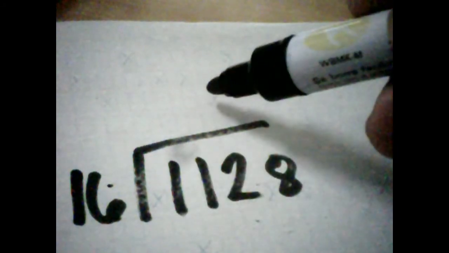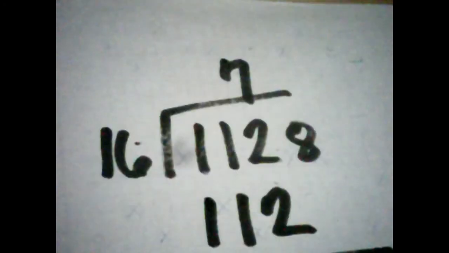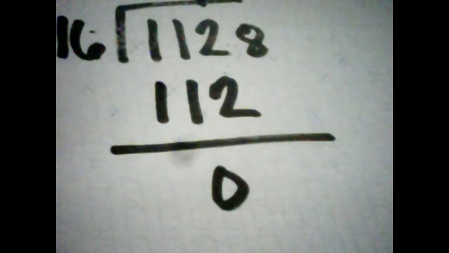So 112 divided by 16, we have 7. 7 will be multiplied to 16. We have 112 and a difference of 0. We bring down 8.